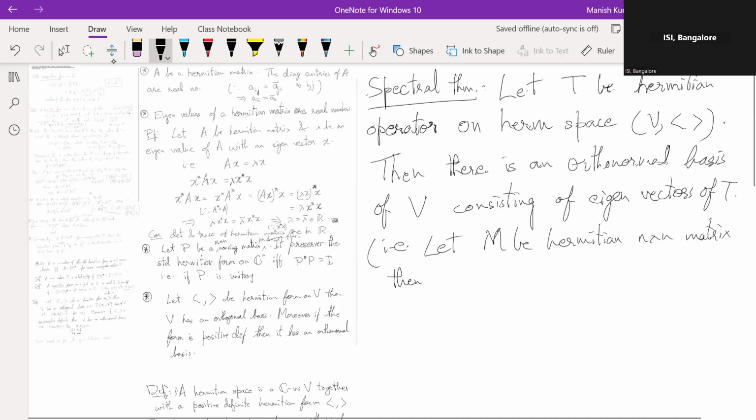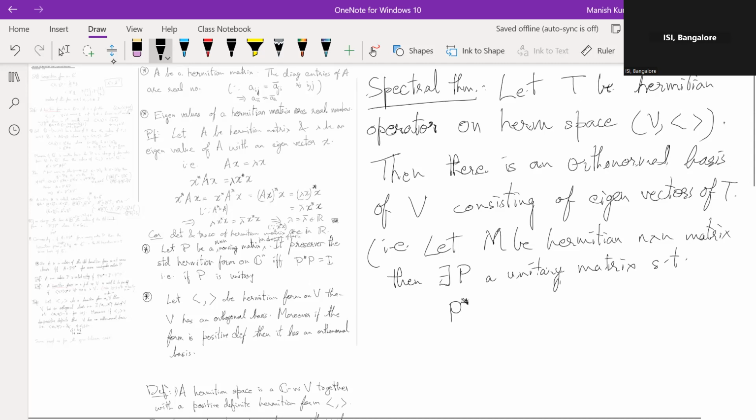So then there exists P, a unitary matrix, such that if you do P inverse, which is the same as P star.